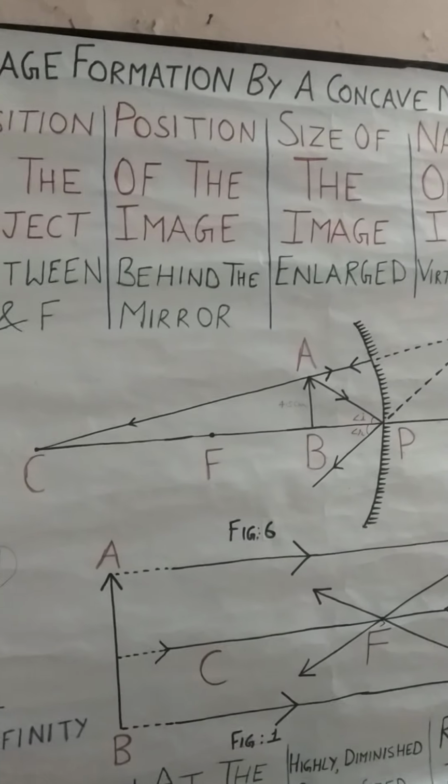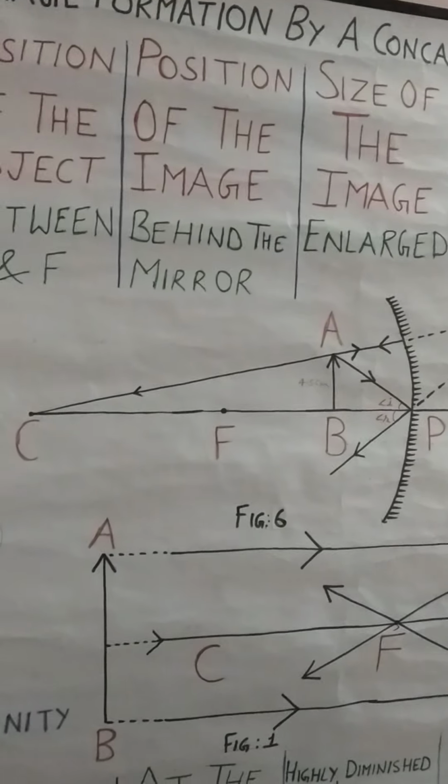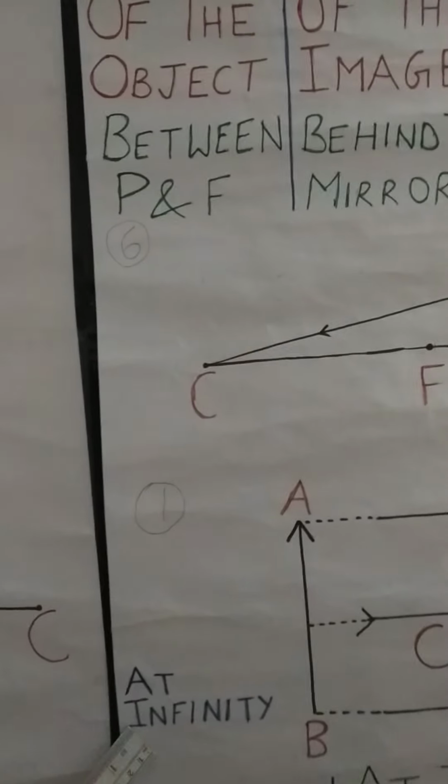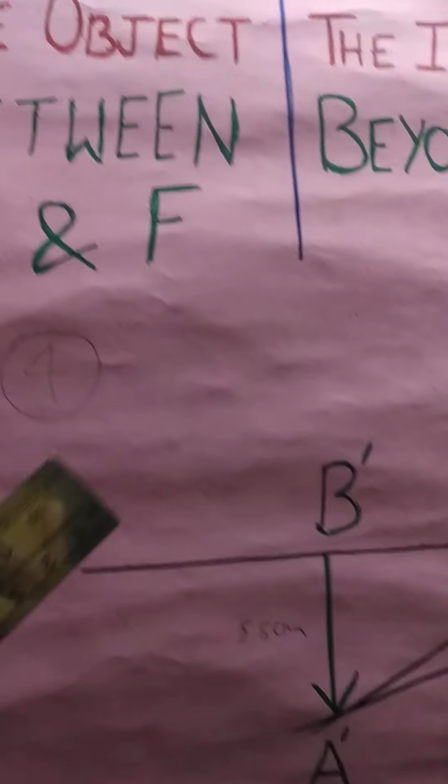Consider figures in which real images are formed: when the position of the object is at infinity, beyond C, at center of curvature, between center of curvature and focus, at focus.